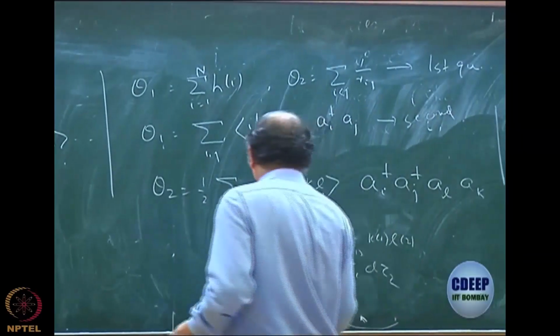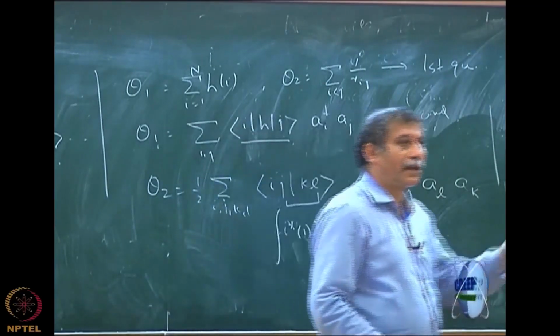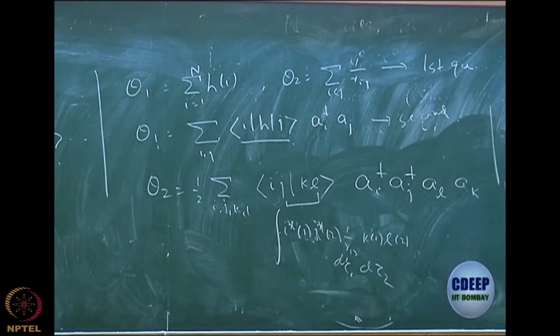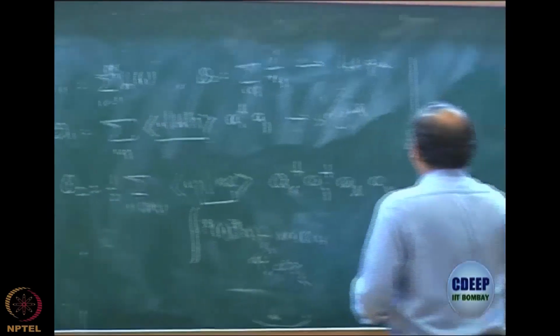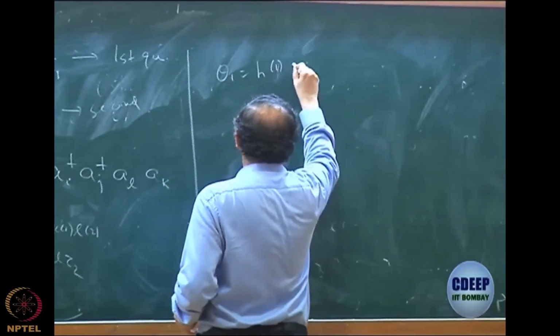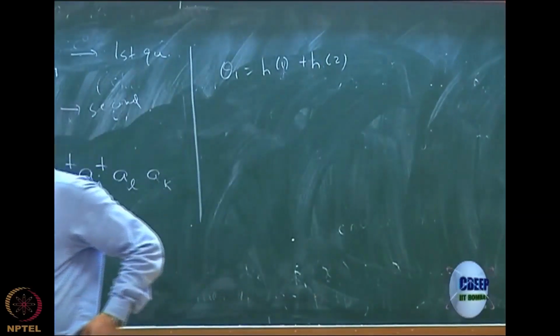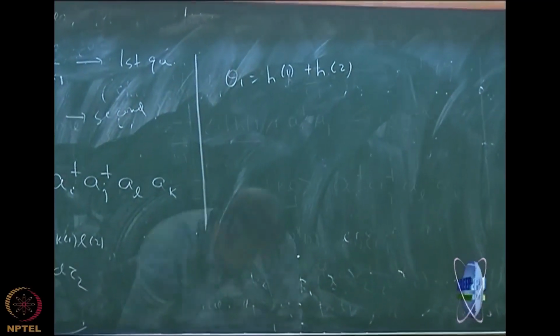Okay. The anti-commutation will automatically bring the exchange term, because whenever I write ai, aj dagger, delta ij minus, it will come. So, first thing to do: let us say theta 1 in first quantization is h of 1 plus h of 2. Again, just a simple 2 electron problem, and you have a given determinant.